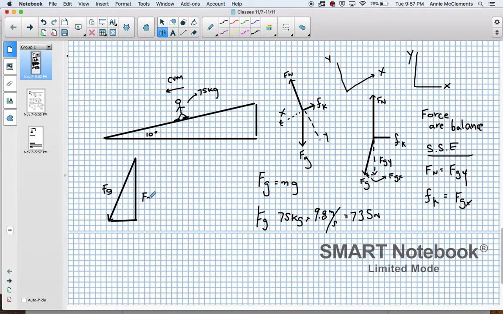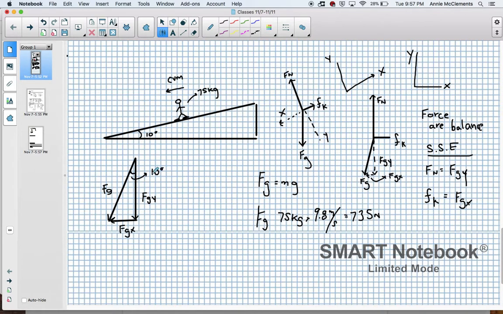Here's Fgy, and Fgx. This angle in here is always going to equal the slope of the incline. You remember we did some geometry legwork to prove this. If that boggles your brain, all you have to do is accept that these are always equal.